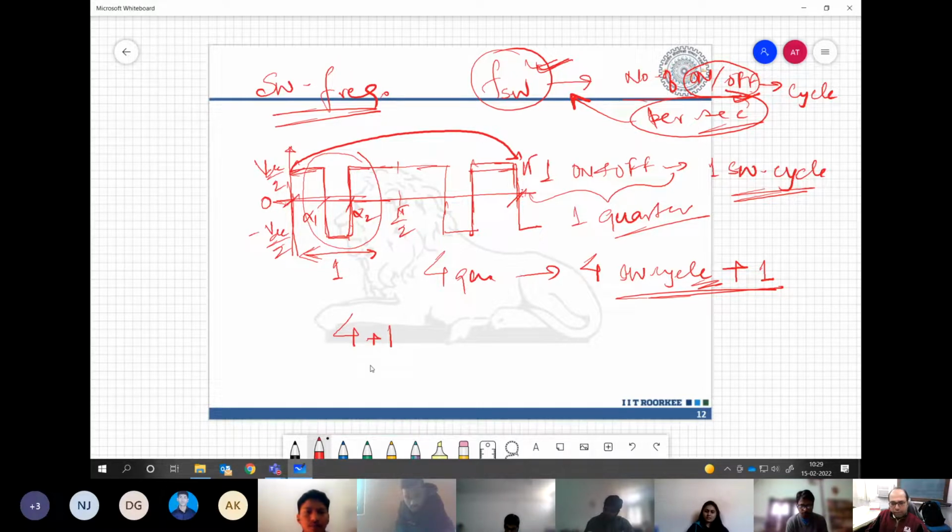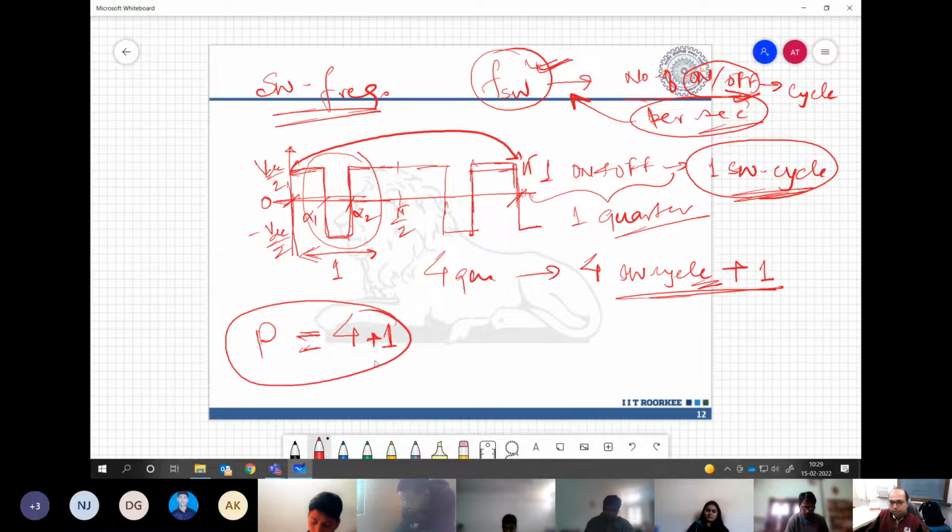If I define this quantity by a number p, we will have a better definition. So this p is the number of on-off cycles within a fundamental cycle.